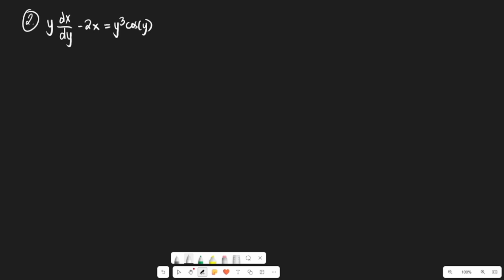In order to remove the y beside the dx over dy, let us multiply both sides by 1 over y. So we have dx over dy minus 2x over y is equal to y cubed cosine y.